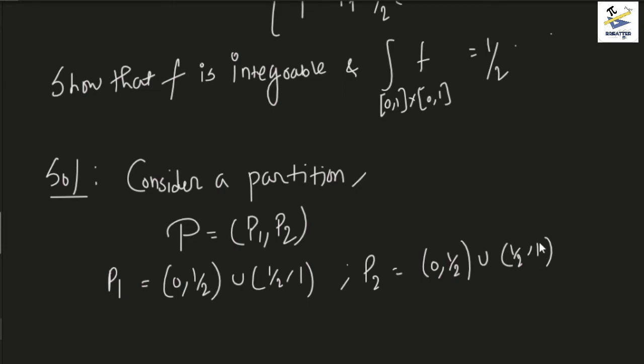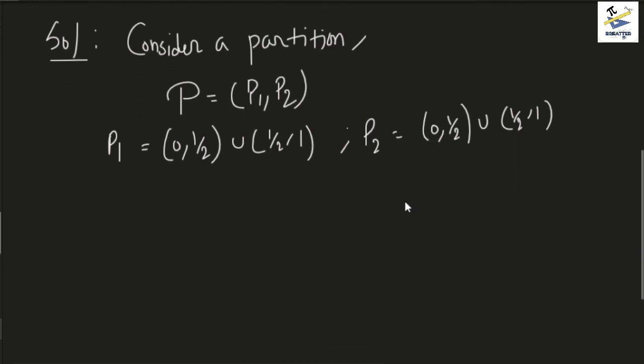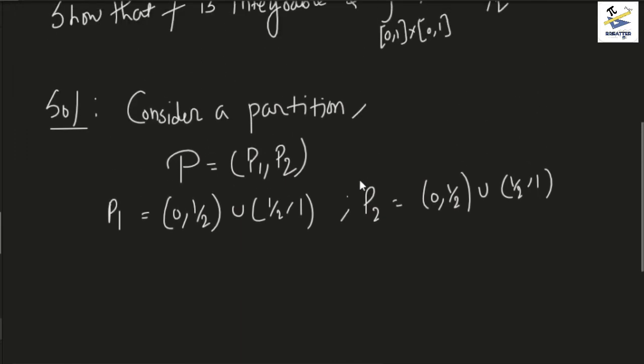So the partition P is composed of two other partitions, P1 and P2, and this is because we see right here that P is a partition and we need two partitions for our case, because the domain is [0,1] x [0,1], which is a subset of R squared, right?